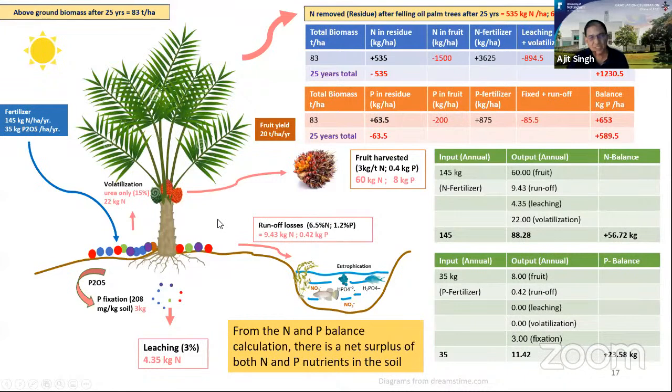N fertilizer is very expensive to produce and quite expensive in the market as well. So producing N fertilizer is actually not sustainable, but certainly we have to rely on it because we have to meet the demand of the growing population. But we must make sure that it is applied in a sustainable manner and not much is being lost.